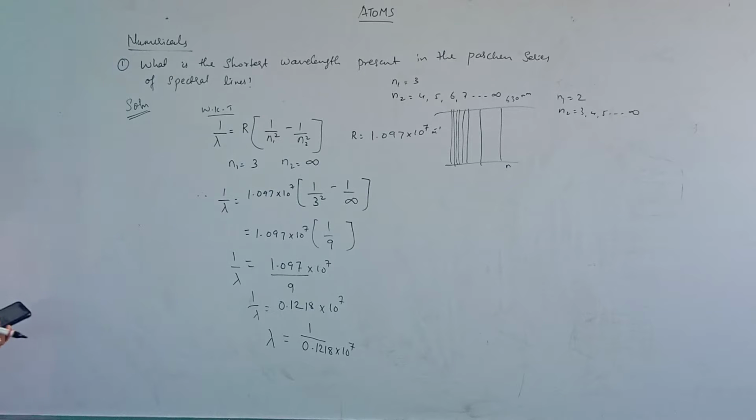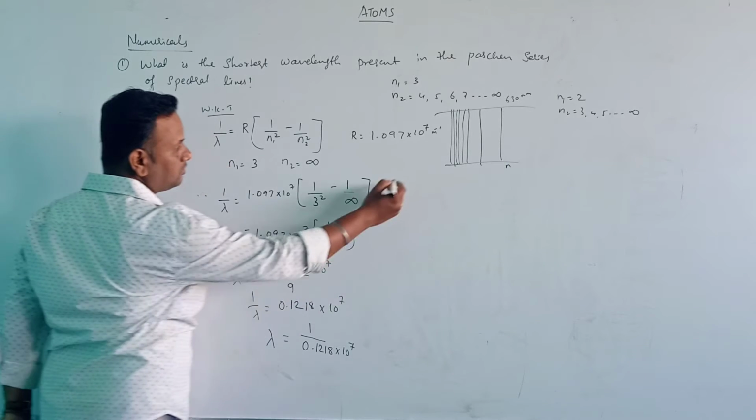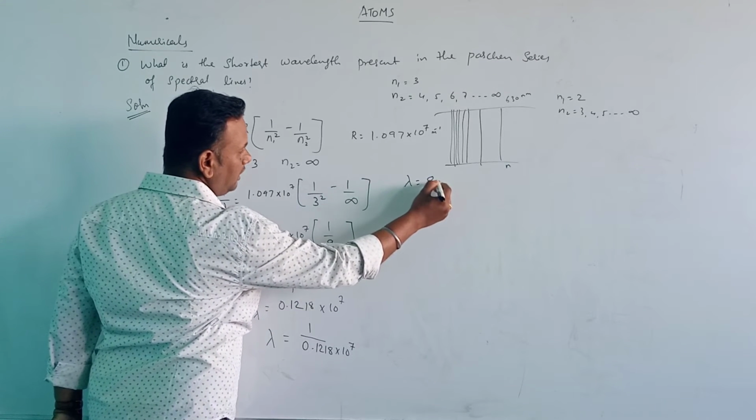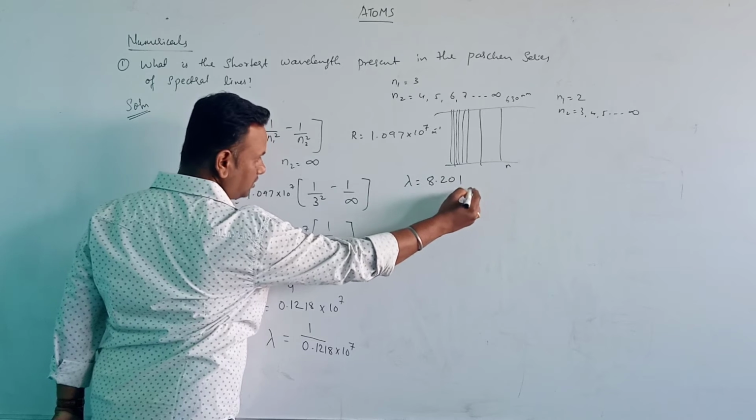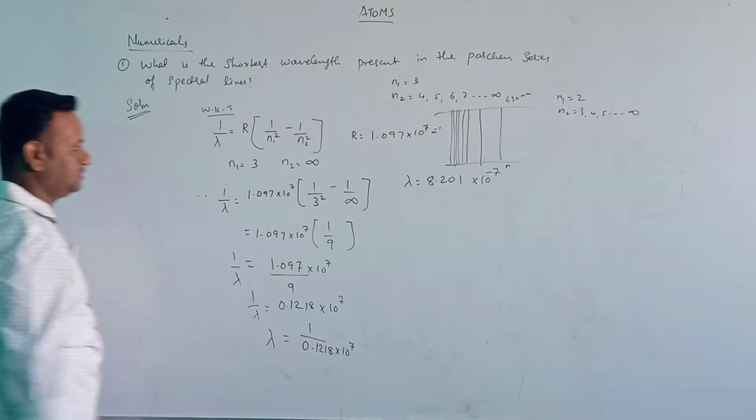After dividing, you will get lambda is equal to 8.201 into 10 to the power of minus 7.